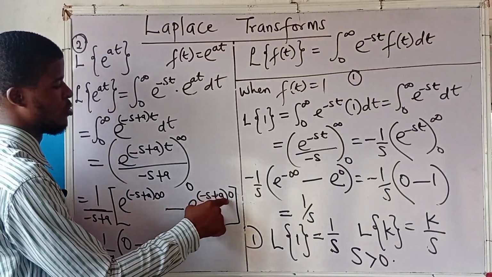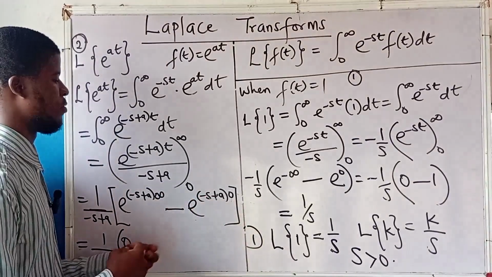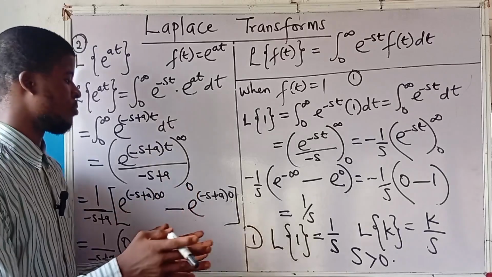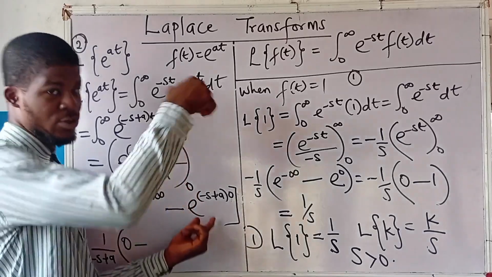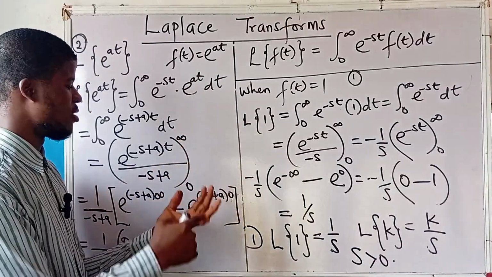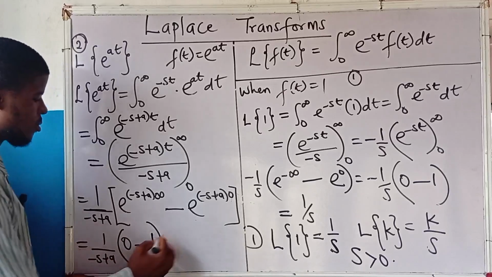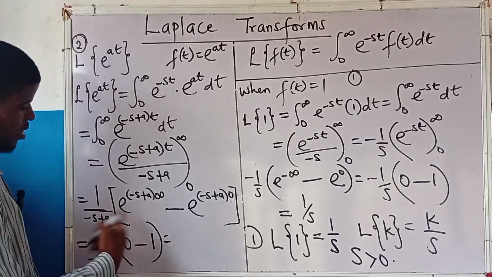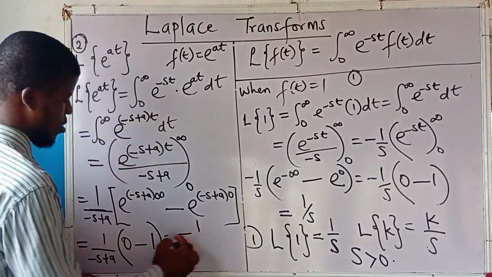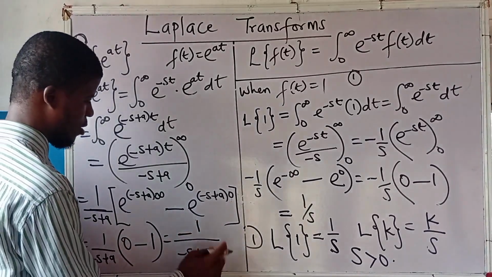Minus s plus a into 0 is 0, because if you multiply any number by 0, you get 0. Then e to the power of 0 is 1, because anything to the power of 0 is 1. So this is minus 1. Everything here reduces to negative 1 all over minus s plus a.